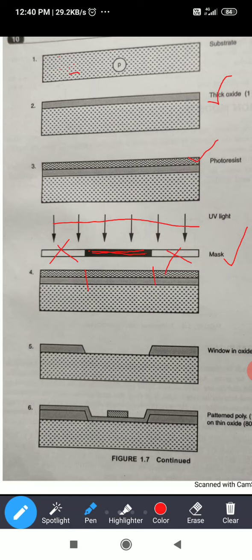After the UV light is applied, we put this wafer into development.